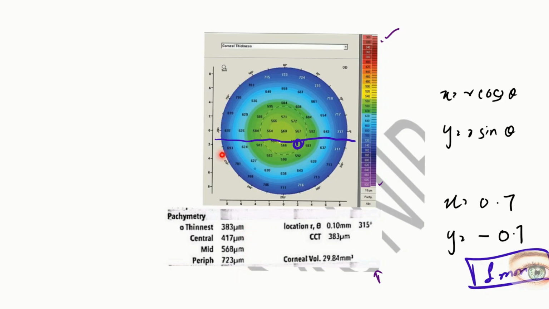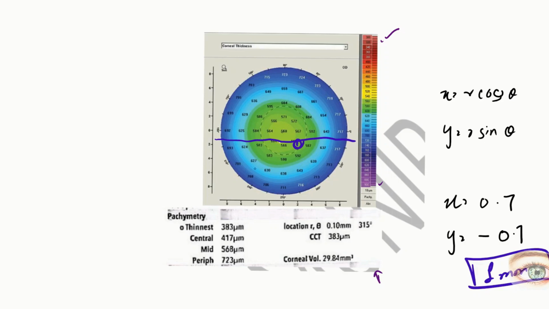Because there are some ectatic disorders where the periphery starts getting thinner. That is Terrien marginal degeneration. In that kind of degeneration, the periphery starts getting thinner, and the center remains normal. So this is the whole point.